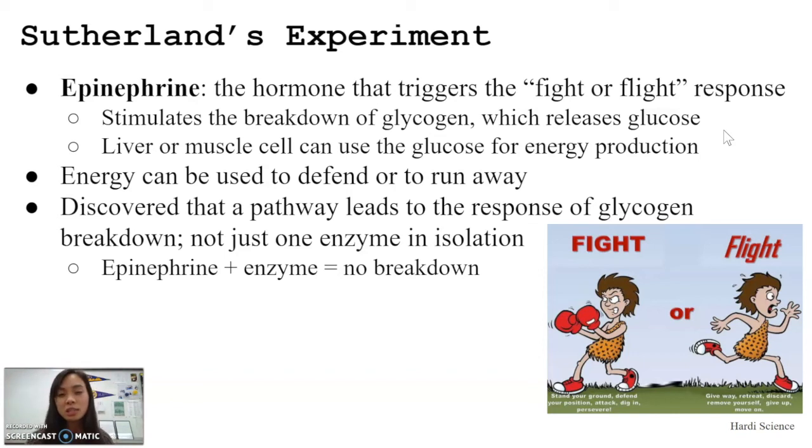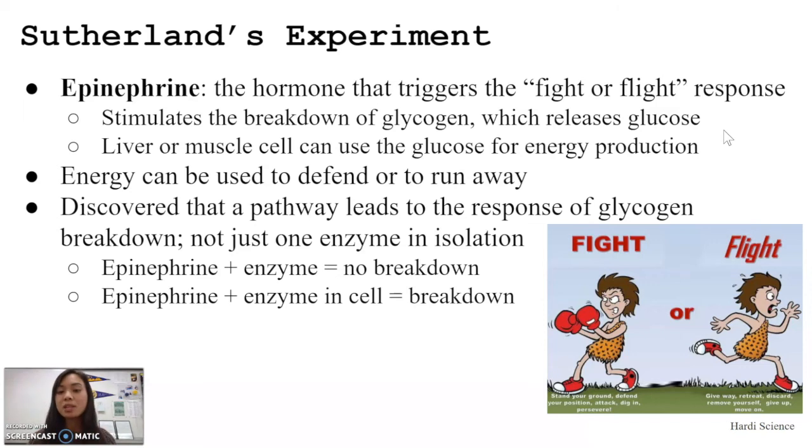What that shows us is that epinephrine and the enzyme do not bind directly to each other. They don't interact directly. If they did, then there would be a breakdown, but they didn't, and so there was no breakdown. When he put epinephrine plus enzyme in an intact cell, there was a breakdown of glycogen into glucose.